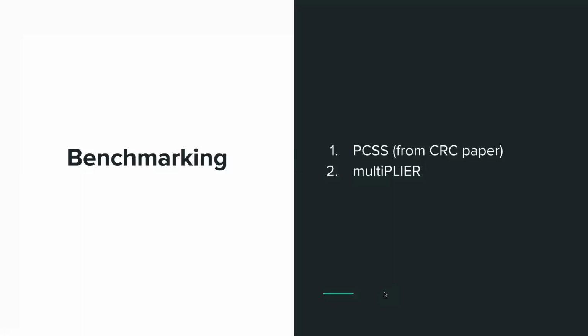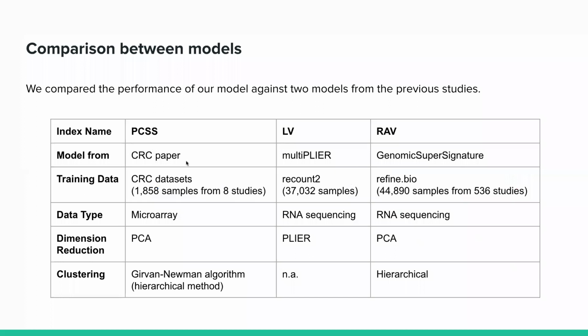So a little bit of benchmarking against these other studies that I mentioned. The first one is kind of interesting to benchmark against, I think, for a couple of reasons. One, it was a bespoke analysis of 8 colorectal cancer data sets, so it was really focused on this disease, and it came from microarray.